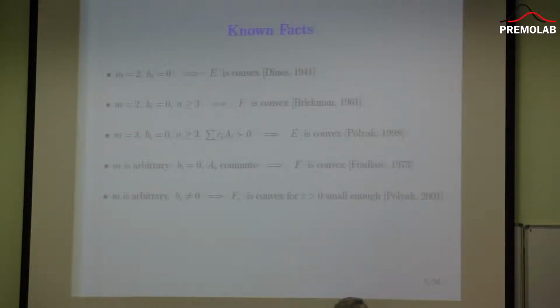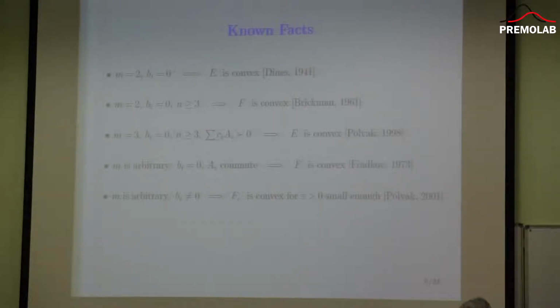Well, they are a little bit extended. Sometimes the dimension of the image is not important, but it's the trivial case when all matrices commute. Then the image is convex. But of course, the situation of interest is when they don't commute. They cannot be transformed to diagonal form simultaneously.